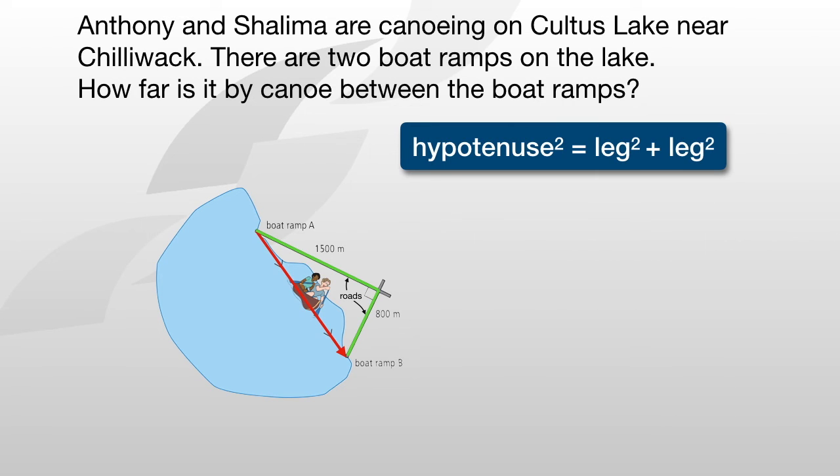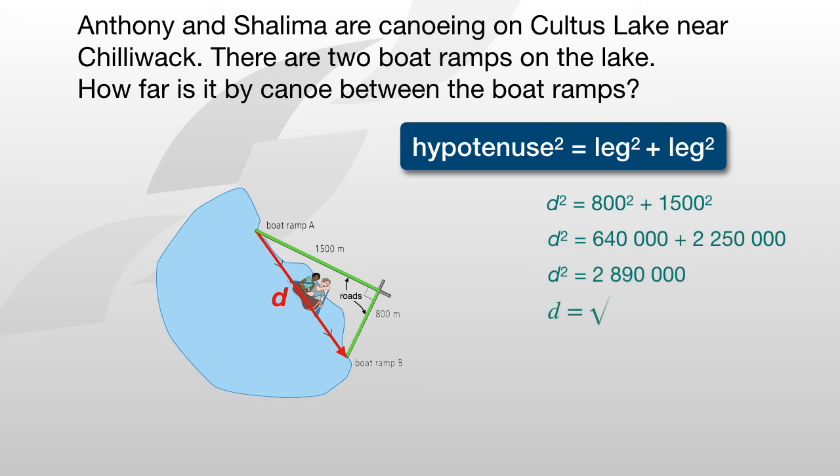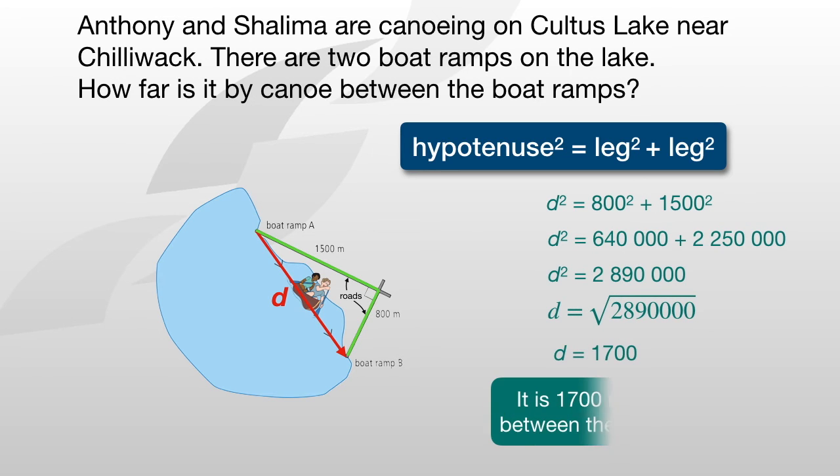The square of the hypotenuse is the sum of the squares of the legs. Let's let the distance between the docks be represented by the variable d. Summing the squares of 800 and 1,500 and then taking the square root gives a distance of 1,700 meters.